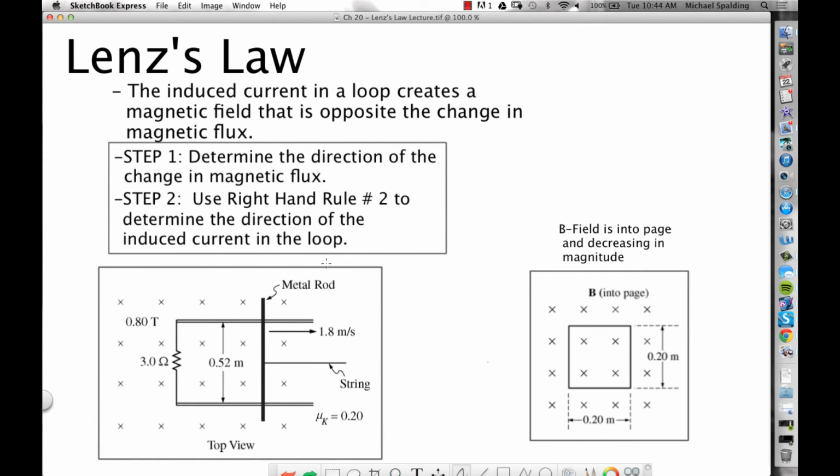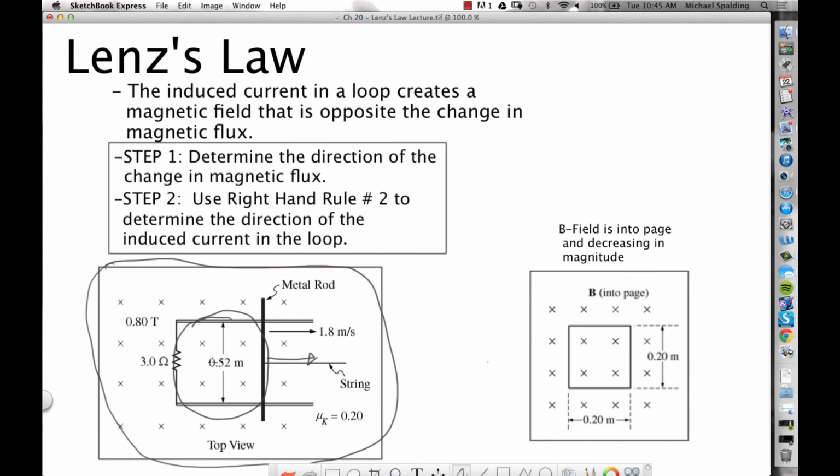So let's do an example here. I got 2 situations. Let's start by looking at this situation. This metal rod is being pulled to the right. So what's happening to this area? The area, is it increasing in size or decreasing in size? It's increasing.